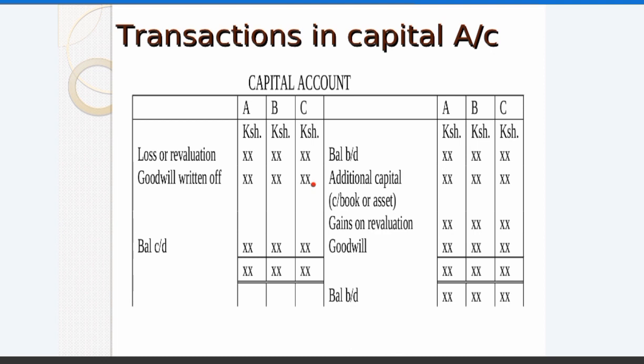And then number two is if the policy of the partnership is to write off goodwill, then you expect at that point that the capital of the partnership will reduce.